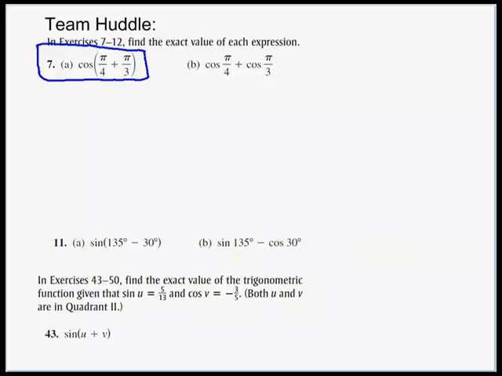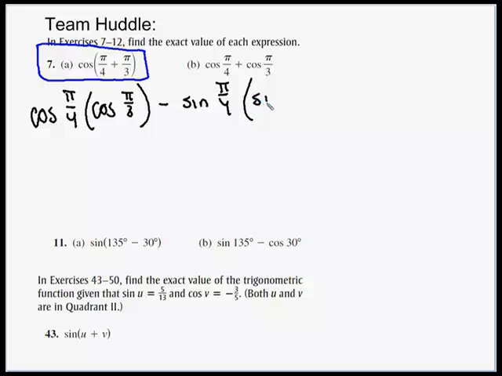So if we start to break that down, it's going to be the cos of the first thing, 1/4 pi, times the cos of the second thing, 1/3 pi, minus the sine of the first thing, 1/4 pi, times sine of the second thing, 1/3 pi. And we go to our unit circles, and we get the cos of 1/4 pi is √2/2.